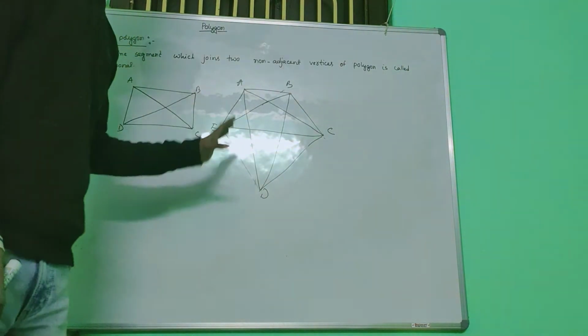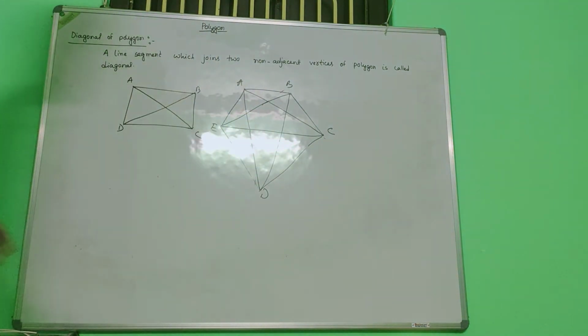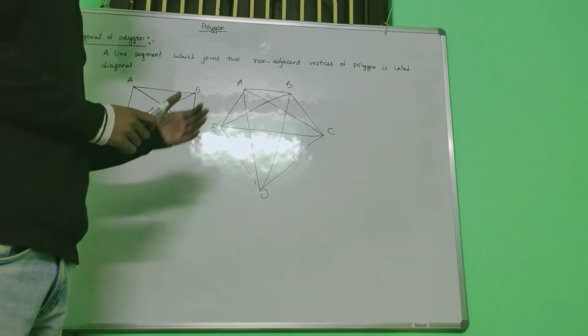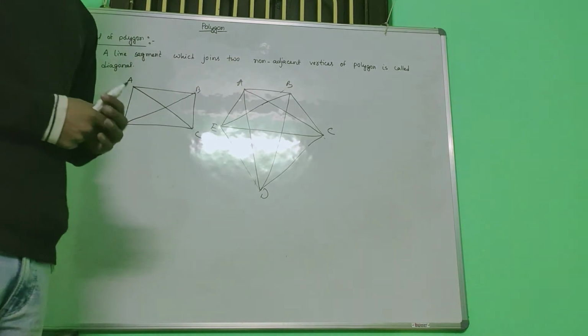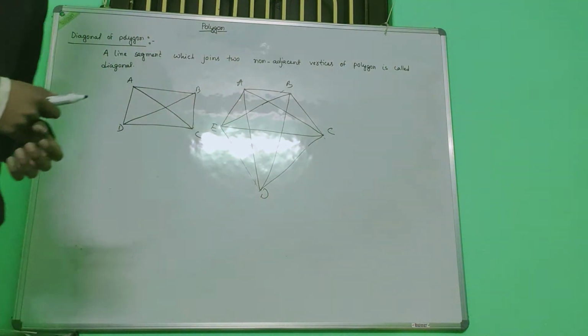In the pentagon, we can see over here there are total 5 diagonals. So I think diagonal, is it clear? So diagonal means the line joining the non-adjacent vertices from the vertex. Okay?